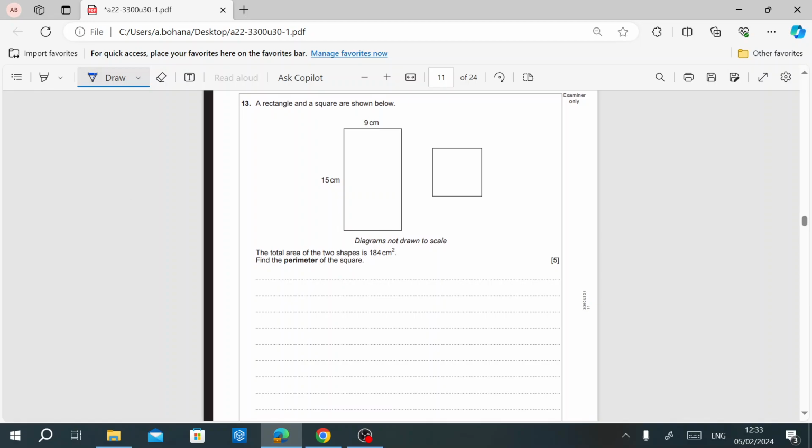Question 13. The total area of this shape plus this shape equals 184. What's the perimeter of the square? Well, 9 times 15, the area of the rectangle, is 90 plus 45 is 135 centimeters squared.